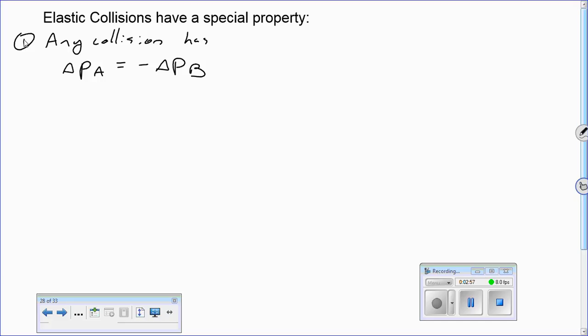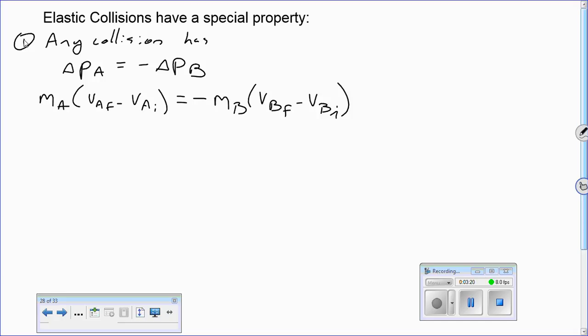If you write that out in notation, using symbols, it becomes this. The mass of object A times its change in velocity is equal and opposite to the mass of B times its change in velocity. Again, that's true of any collision. Elastic, inelastic, completely inelastic, whatever. Good?